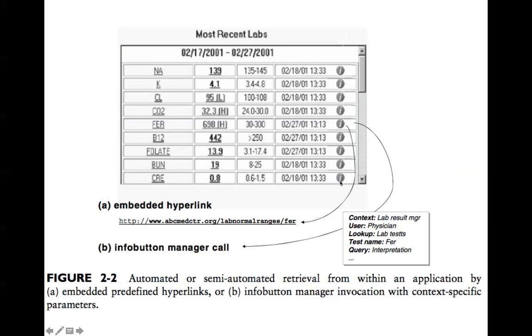So you can click this I, then it will show you some further information. They can display some related information, for example, the meaning and the reference value and so on. So you can see that this is a quite simple screen layout. The laboratory information system, the value, and here the info button.